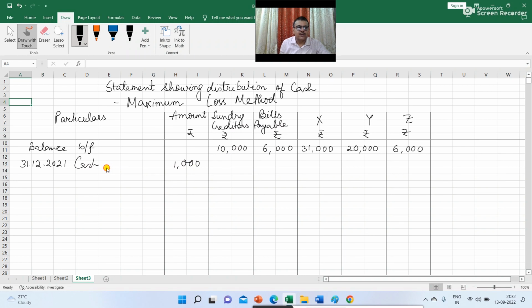So cash balance to be distributed to creditors and bills payable in 5:3. So 625 and 375.